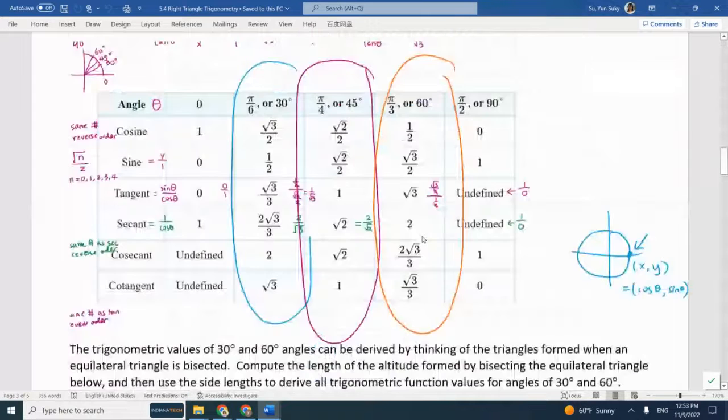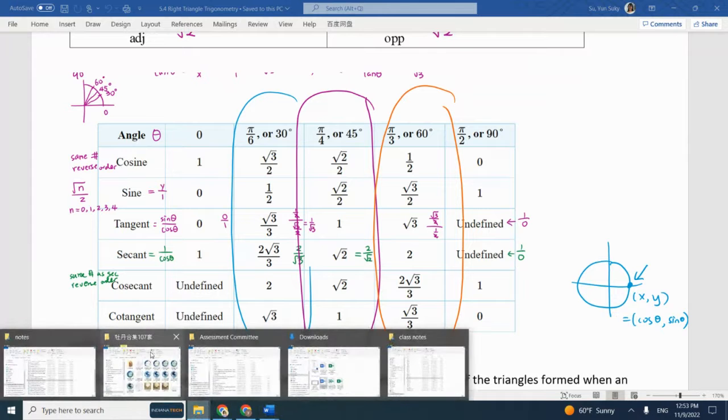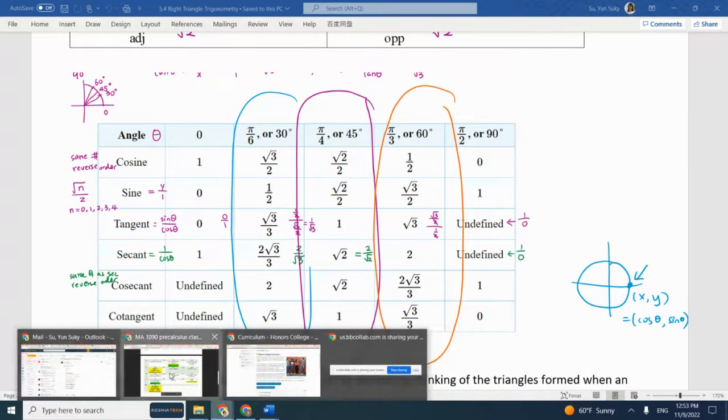So this can show us the table. These are the 6 trig functions of the common angles, 0 degrees, 30 degrees, 45 degrees, 60 degrees, and 90 degrees. Make sure you memorize all of these values, because in the exam, I will ask you to find exact values.